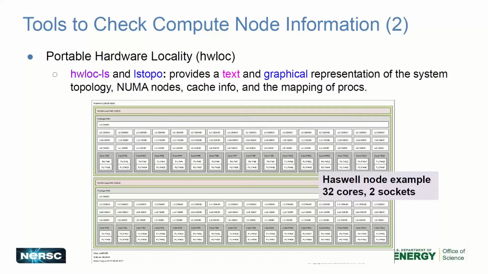This is the same Haswell node; you can see that the graph is not very clear, I'm sorry. You can see that there are 2 sockets. The top one is the first socket, and the bottom is the second socket. Within the first socket, you have 16 cores, that's the bottom line. And within each core, you can see 2 numbers here, 0 and 32, which means there are 2 hyperthreads in this first CPU.